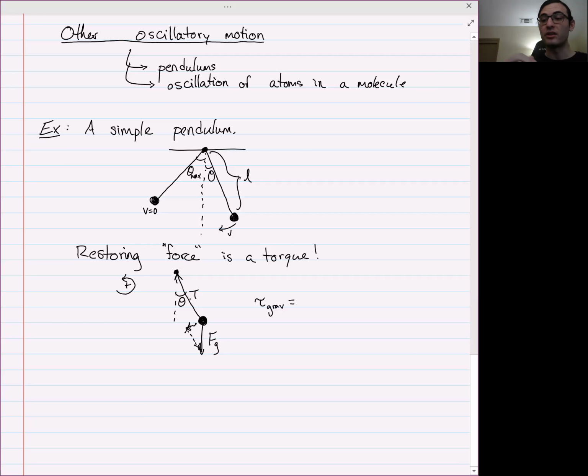That way, when the mass is to the right of equilibrium, it will have a positive angle. When the mass is to the left of equilibrium, it will have a negative angle, and it's 0 in the middle. And likewise, this torque would cause clockwise motion, because it will cause the mass to rotate this way when theta is positive.